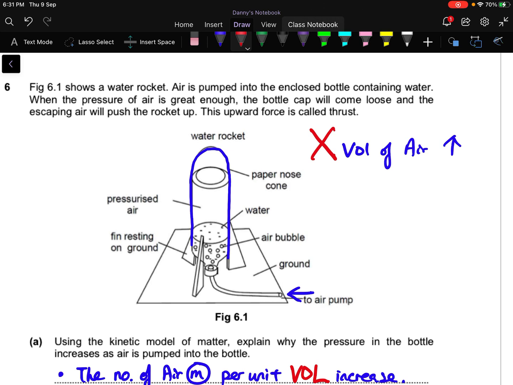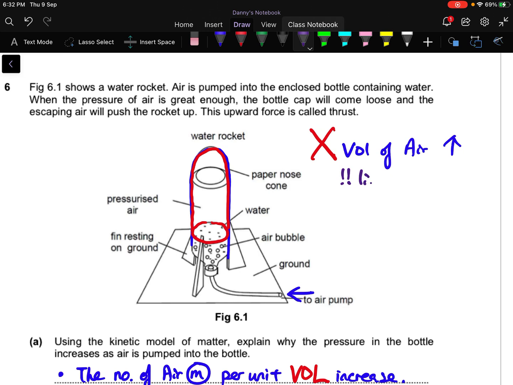This is very wrong, because the volume of air depends on the amount of space within this rocket. And this rocket, although it's made of plastic, is not like a balloon, it cannot stretch. So even if you pump in 1,000 kilograms of air, it is going to occupy this fixed volume.